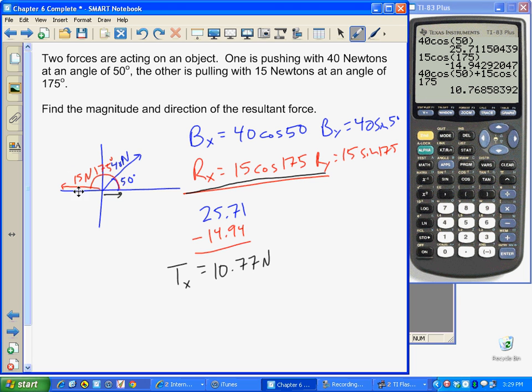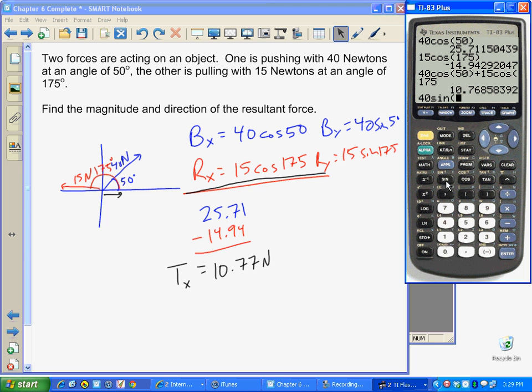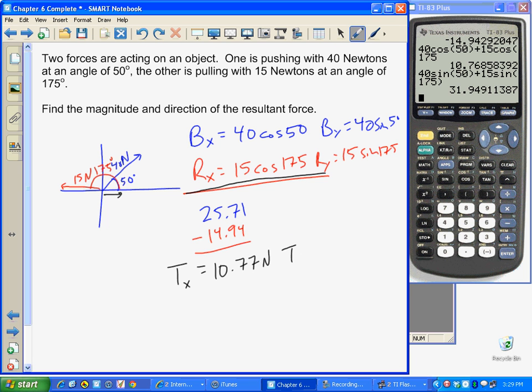Both of these are going to be positive because we're both up here, so I should get something that's bigger than either one of these. I'm just going to type them all in together: 40 sine of 50 plus 15 sine of 175. I get a total Y component force of 31.95 newtons, and that's going straight up.